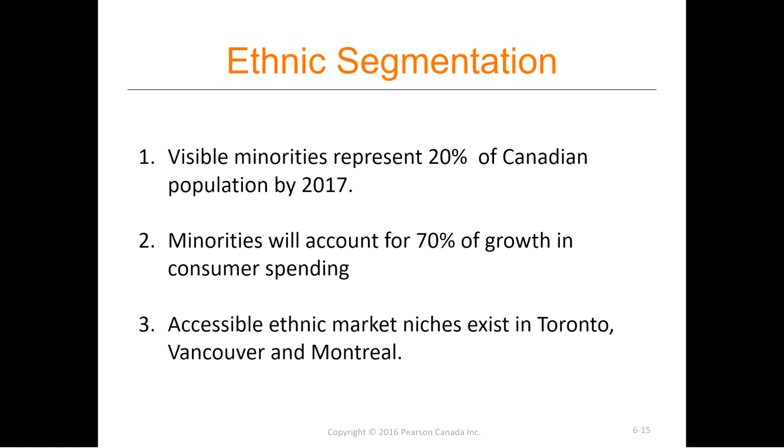As I spoke to quickly before, ethnic segmentation here presents new opportunities for Canadian marketers, and visible minorities will account for 1 in 5 citizens, if not even more, by the time next year rolls around. So minorities will account for almost 70 to 80% of growth in consumer spending, and there are visible minorities absolutely in our world, and there's going to be much more.